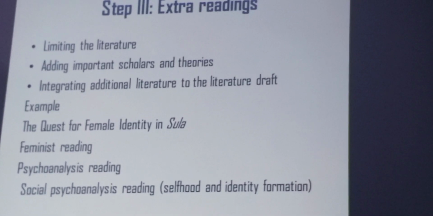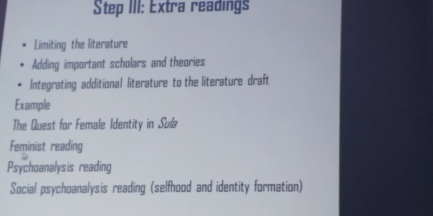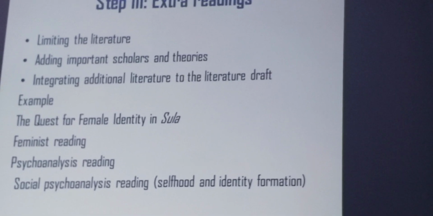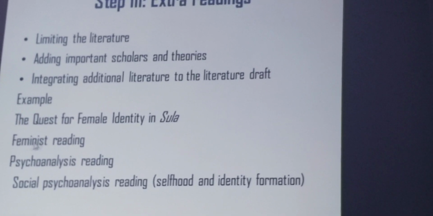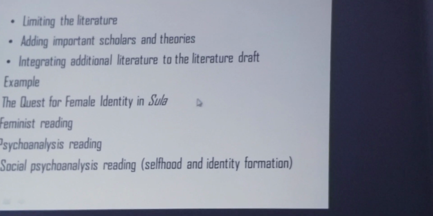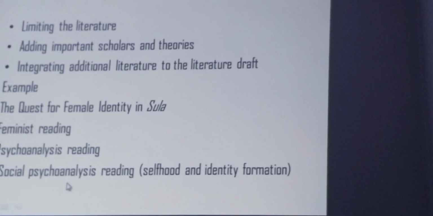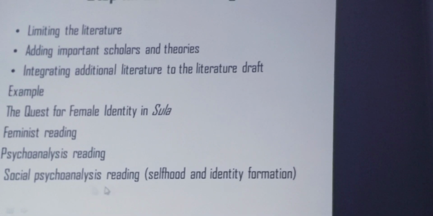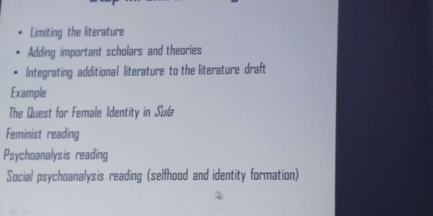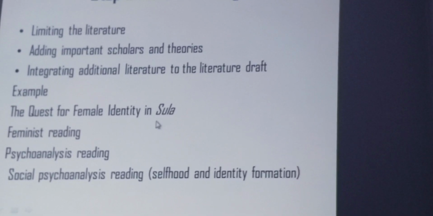So the extra readings help me to add important points: psychoanalysis and literary criticism to analyze this literary text, Sula, and social identity theory to analyze what is called selfhood and identity formation for the protagonist.